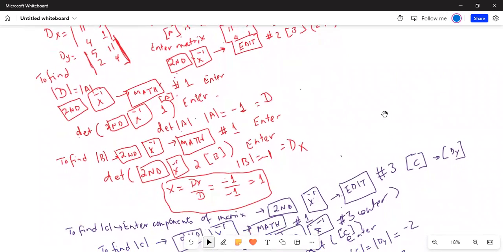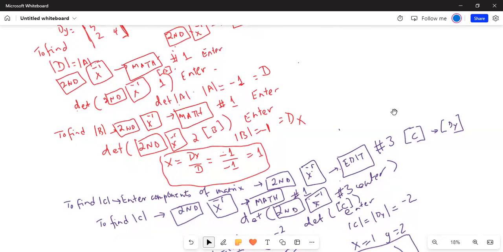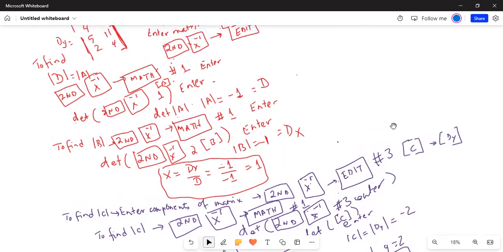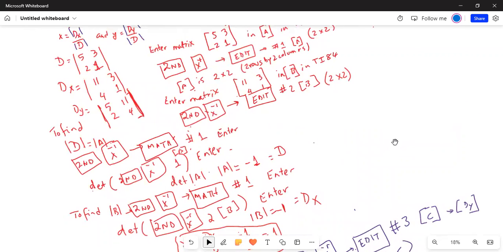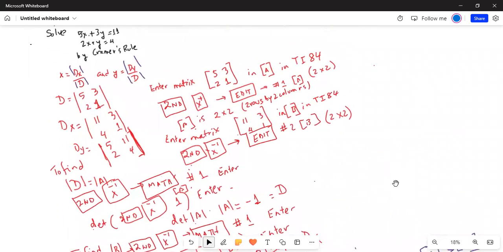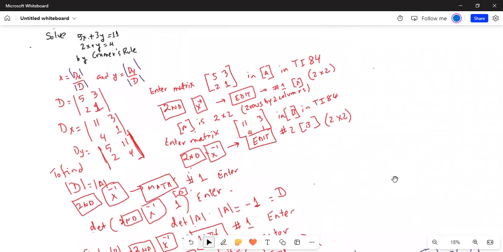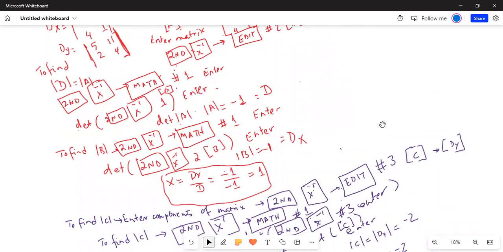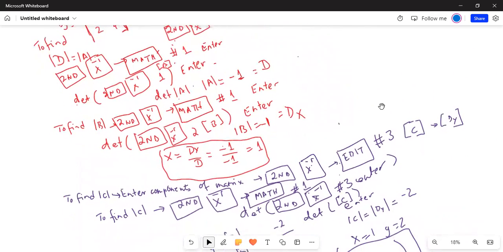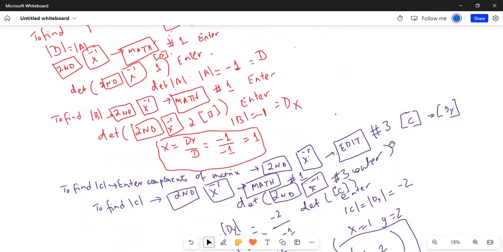Minus 1 divided by minus 1 is 1. To find matrix C, which is basically Dy, we have to replace in the matrix D the coefficients of y, which are 3 and 1, by 11 and 4.